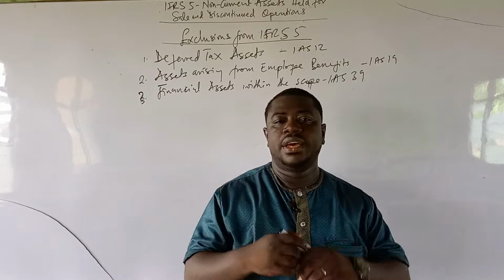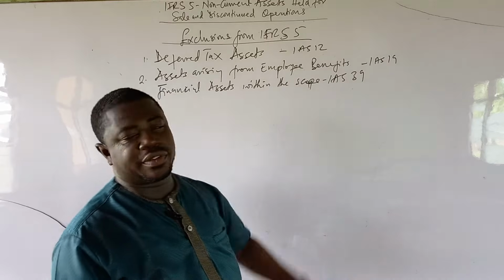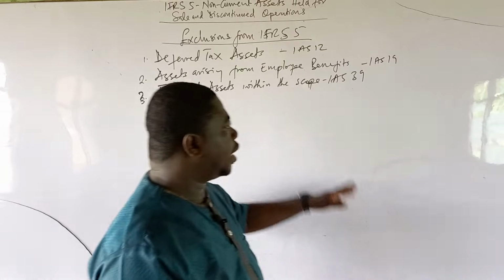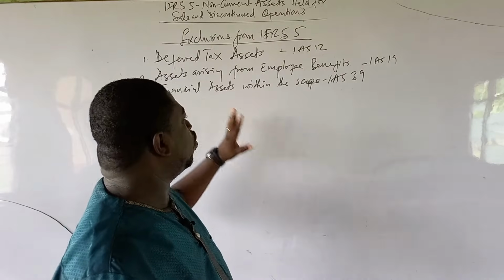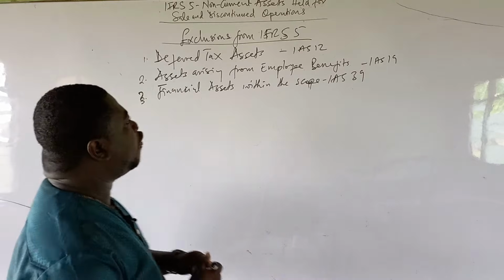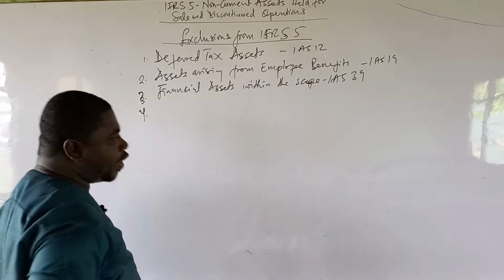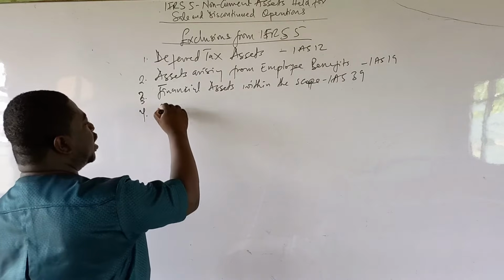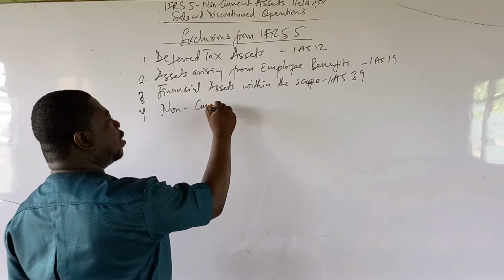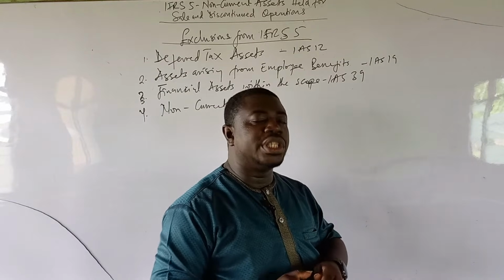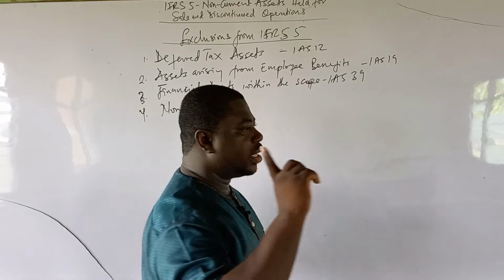We know that IAS 39 is one of the standards that talks about financial instruments, okay, just as IAS 32 and others. So financial assets that are within the scope of IAS 39 do not fall under IFRS 5. And then also, the next one is non-current assets that are measured according to the fair value model in IAS 40, investment properties.